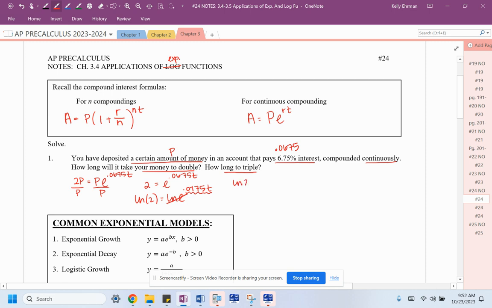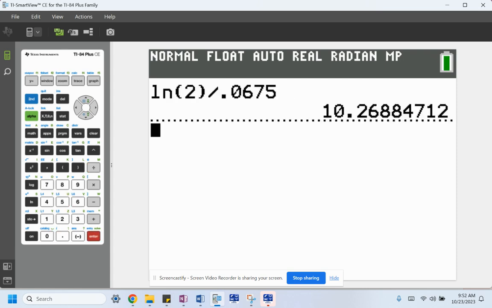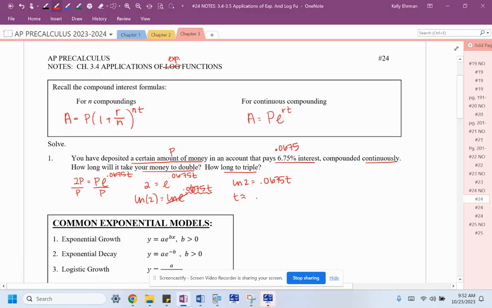So the natural log of 2 equals 0.0675t, and we can solve for t by dividing. So the natural log of 2 divided by 0.0675, rounded to 3 places, is 10.269. Always label this as years, so about 10 years to double your money.